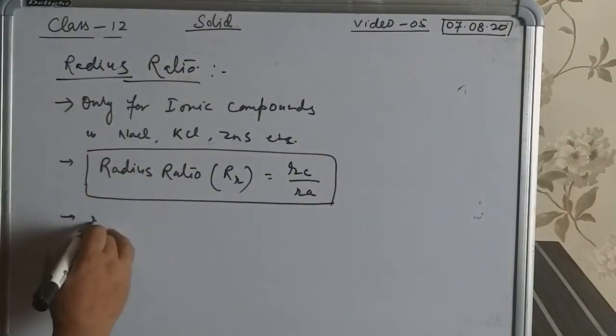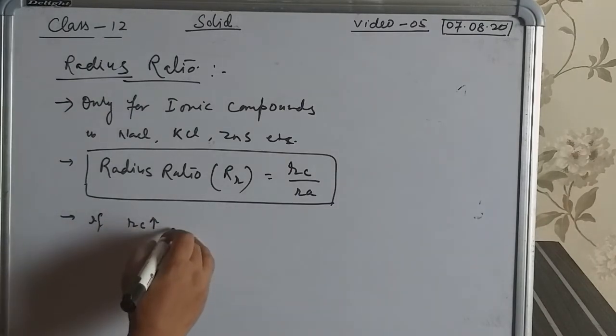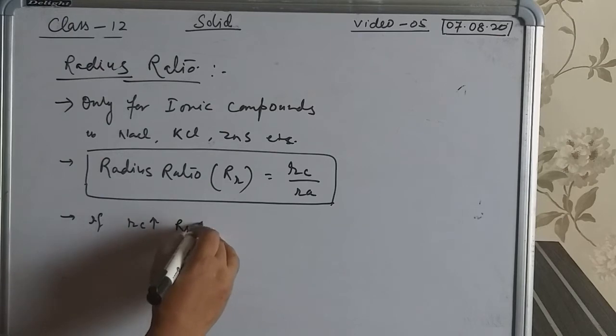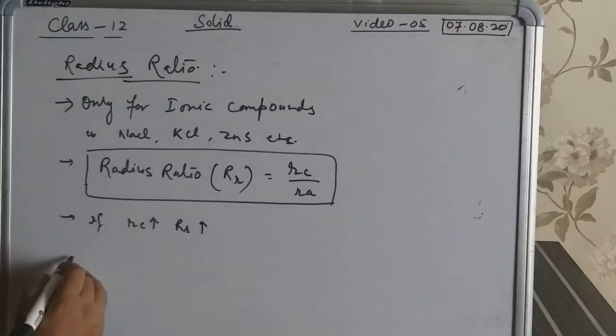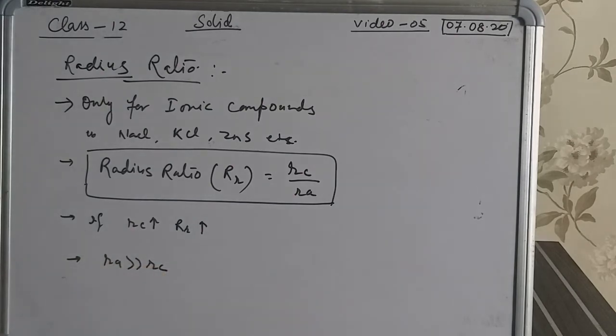Number 3, if the radius of cation is higher, that means the radius ratio will be higher. Next, as we know, the radius of anion is greater than the radius of cation.